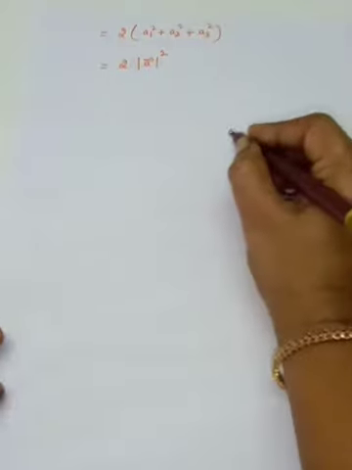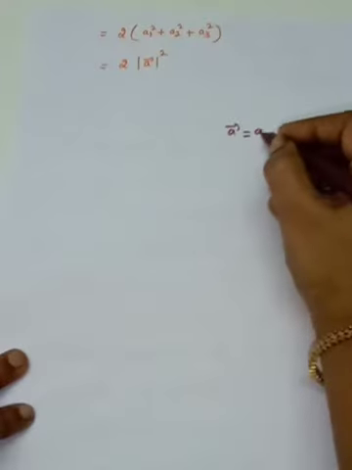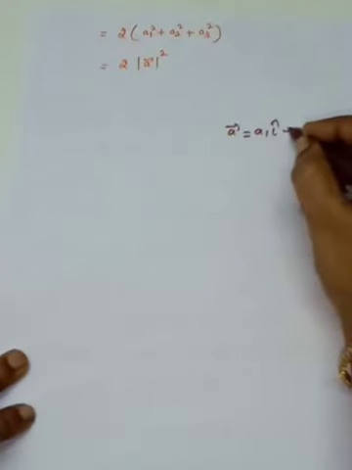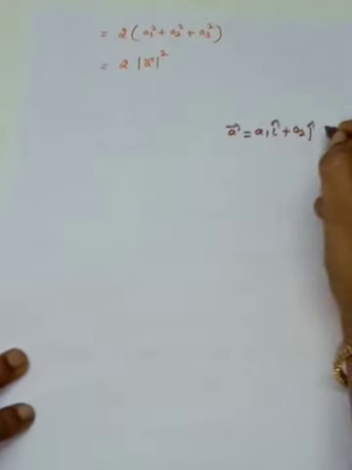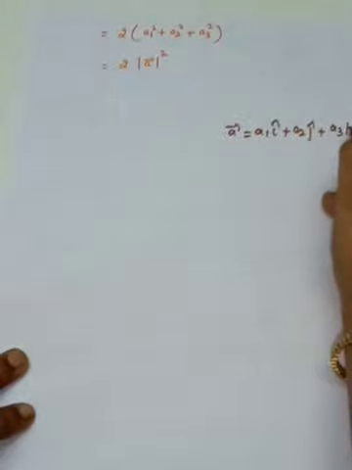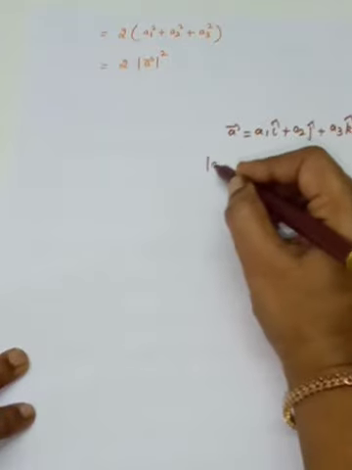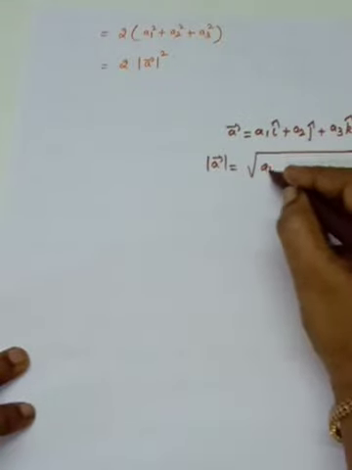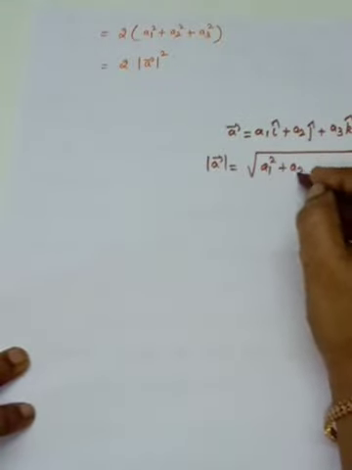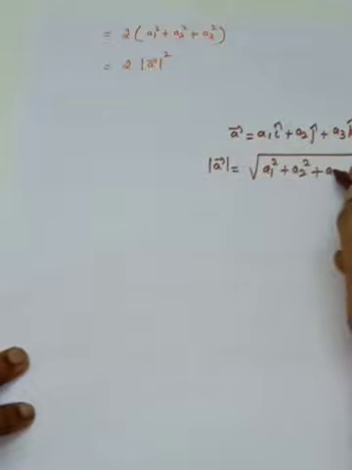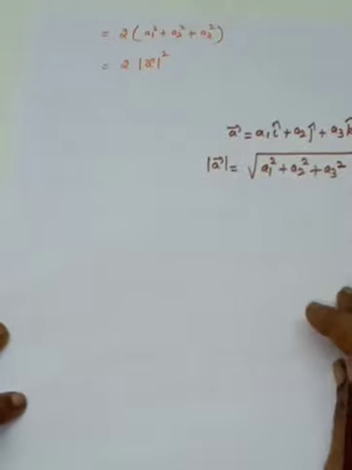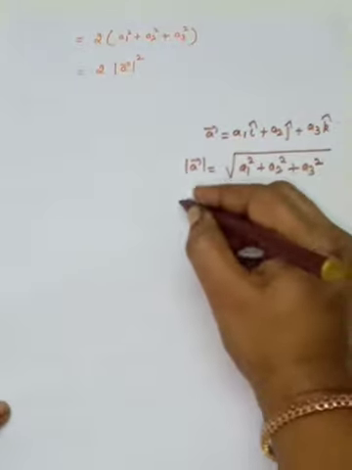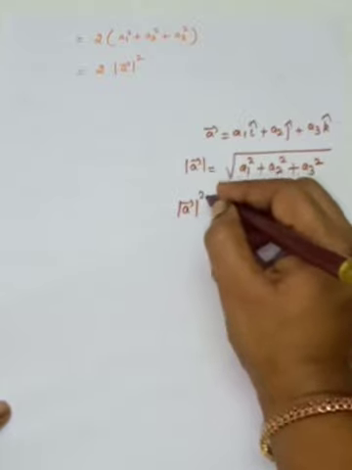What is a vector? We have taken a vector as a1 i cap plus a2 j cap plus a3 k cap. What is the magnitude of a vector? It is the square root of x squared plus y squared plus z squared. Now you have to take the square of it, modulus of a vector the whole square.